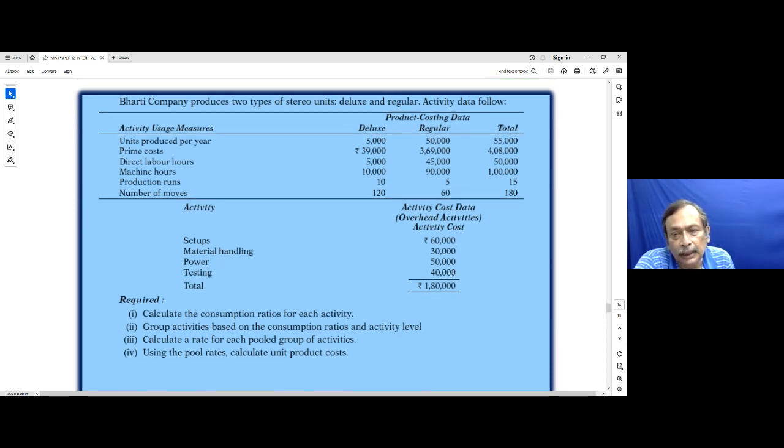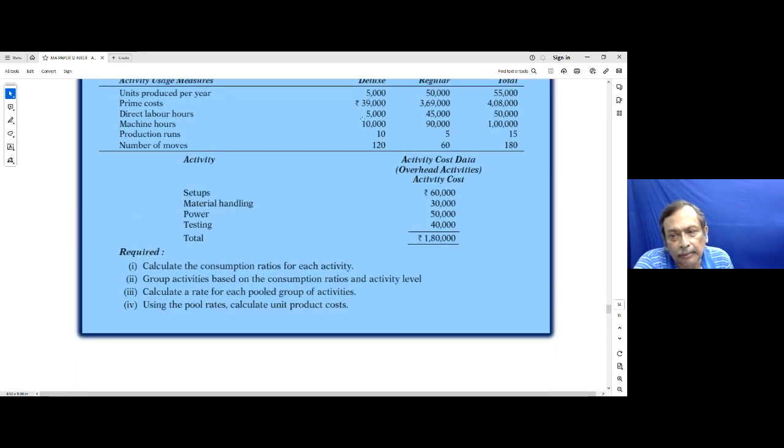Now, what are the requirements? Requirements are: number one, calculate the consumption ratios for each activity. While discussing the theoretical part, I have already shown you certain percentages of how it is allocated. Number two, group activities based on the consumption ratios and activity level.